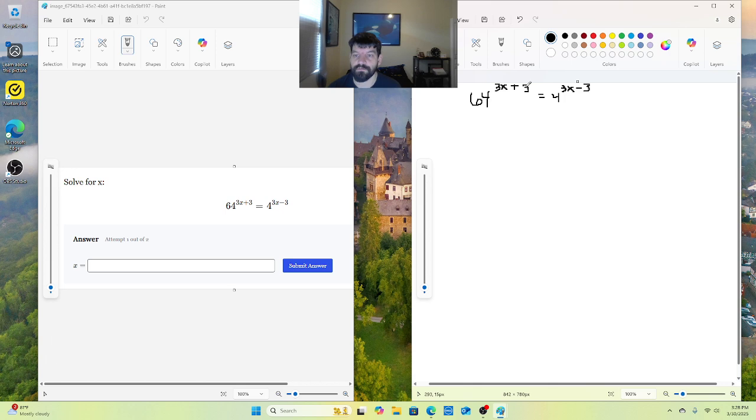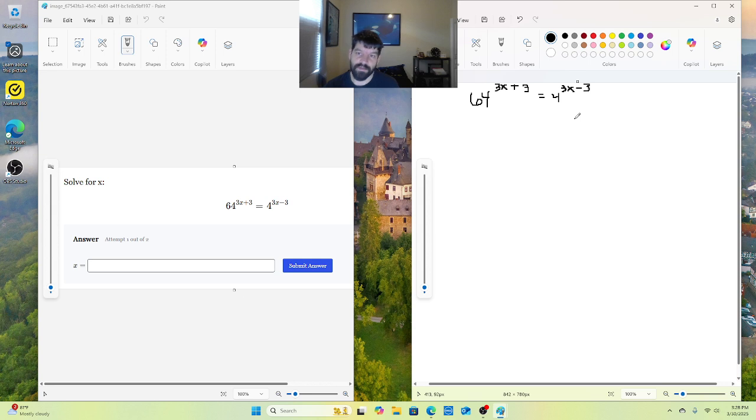And I started things off just by rewriting our equation here. When we look at an equation like this, there are multiple ways to approach it, but the biggest goal from the get-go is to use some algebraic manipulation to make the bases identical to each other.